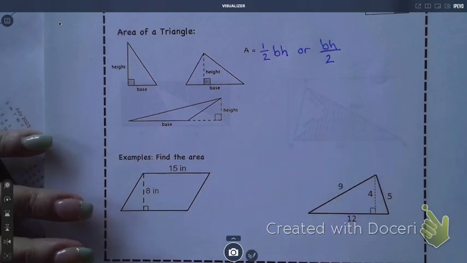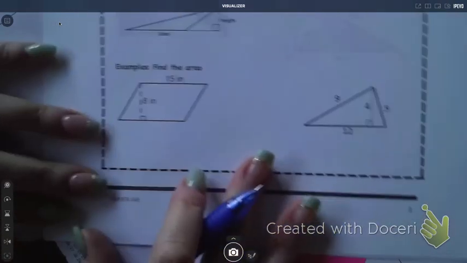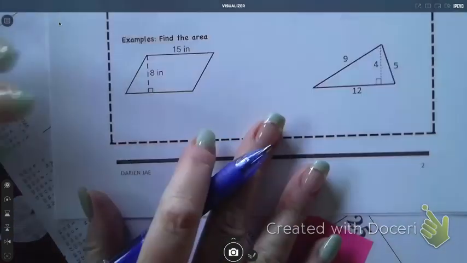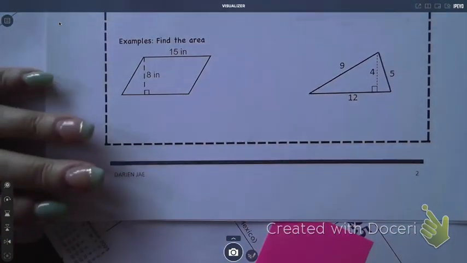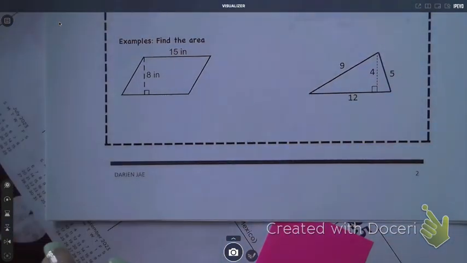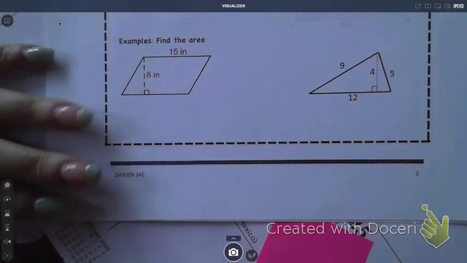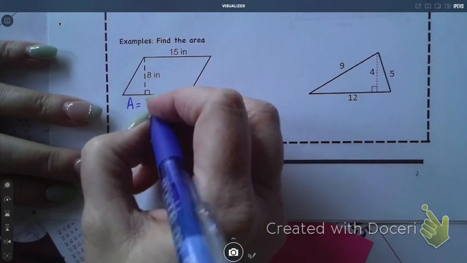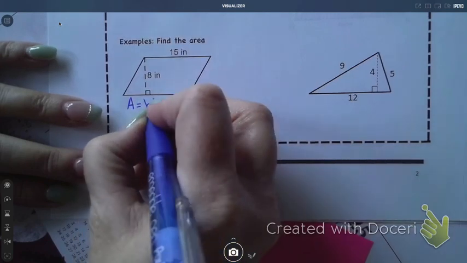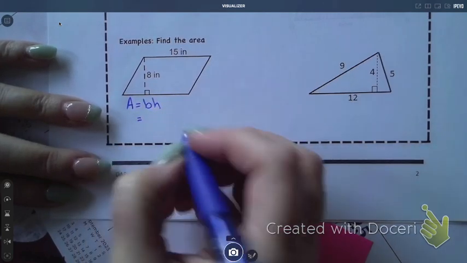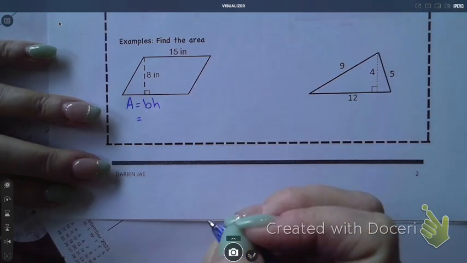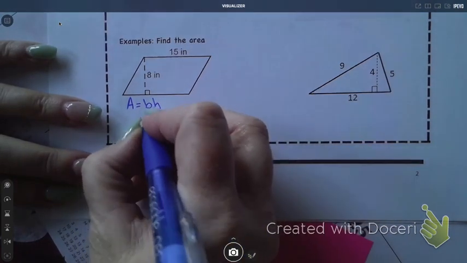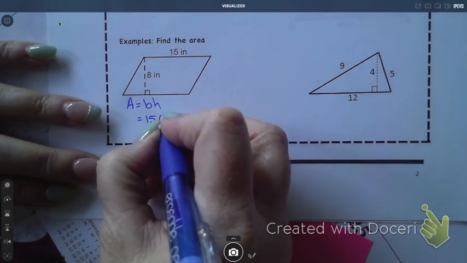So, find the area. So what kind of a shape do I have? A parallelogram. So, area equals what times what? Base times height. So, what's the base? 15. And the height is? 8.